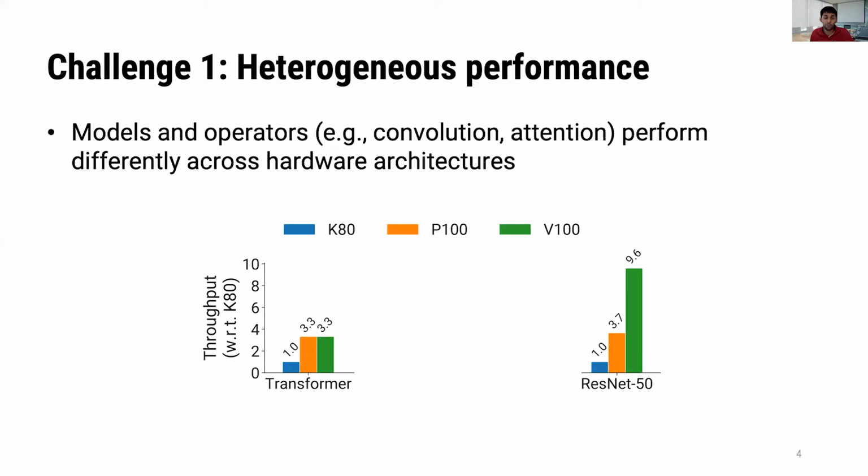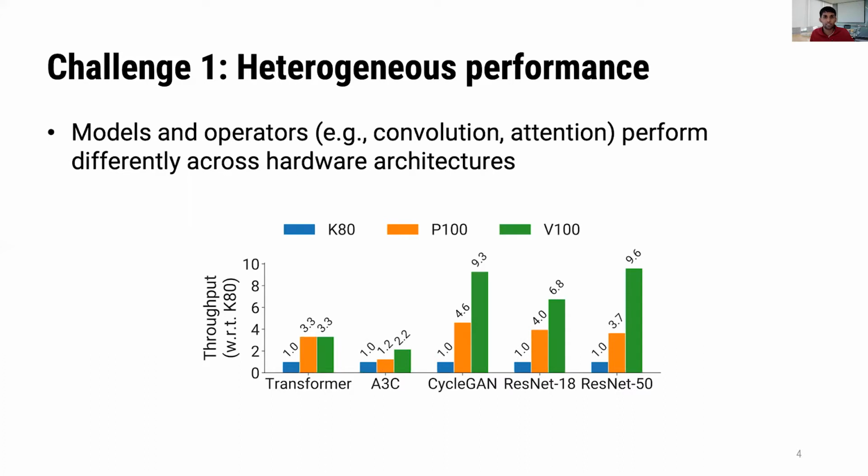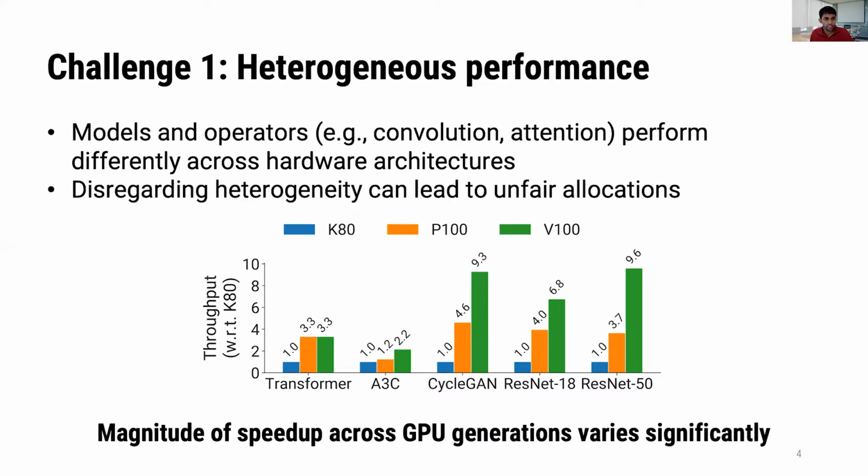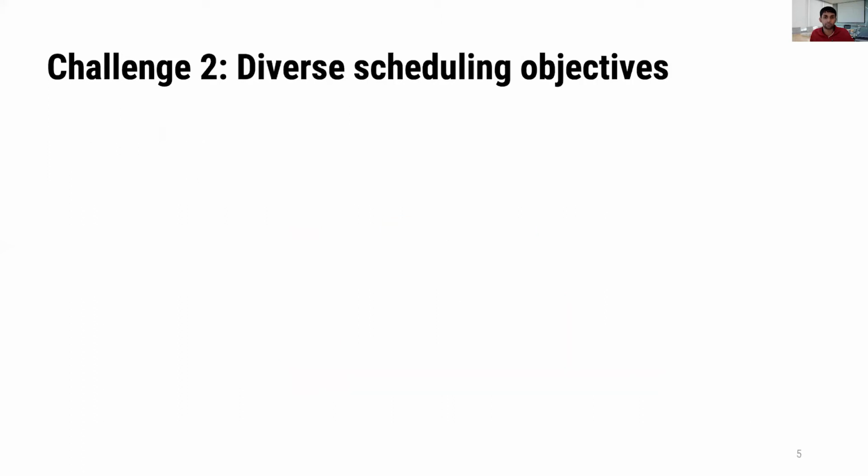However, a ResNet 50 job sees a speedup of 9.6x when moving between the same set of resource types. Giving each of these jobs equal time on a V100 and K80 GPU leads to a vastly worse outcome for the ResNet 50 job. In general, we observe that jobs experience pretty varied speedups across these different resource types, and disregarding this heterogeneity can lead to suboptimal allocations.